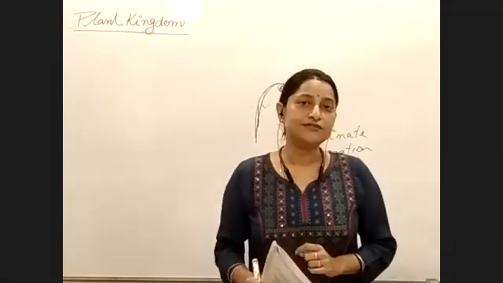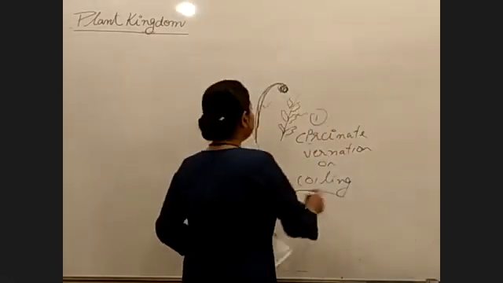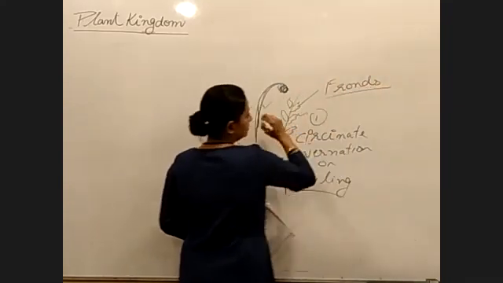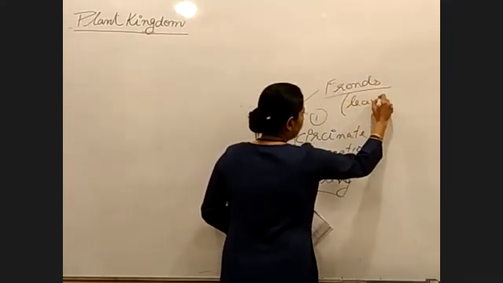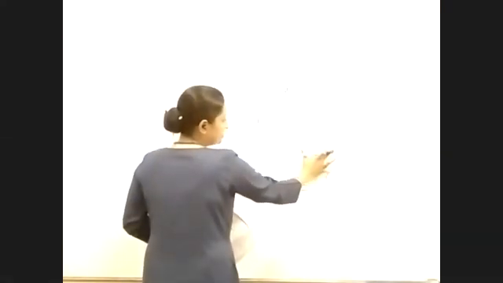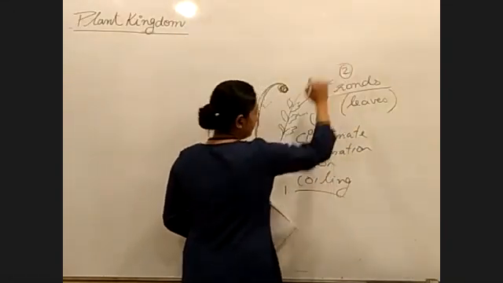And in case of ferns, we don't use the word leaves. Instead, we use a word called fronds. So the first characteristic we saw was circinate vernation. Next, the leaves are big and they are called fronds, right?